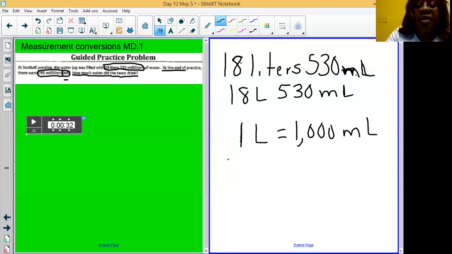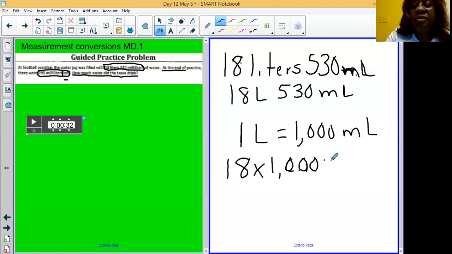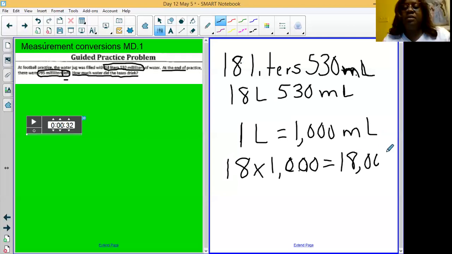So I'm going to take my 18 times it by 1,000. And that gives me 18,000. So there's my 18,000 milliliters. So 18,000 milliliters is the same thing as 18 liters. Okay.